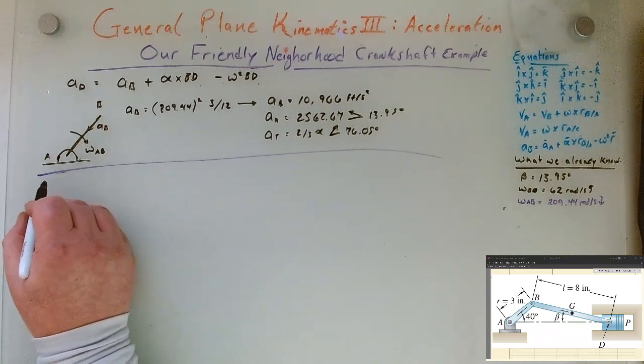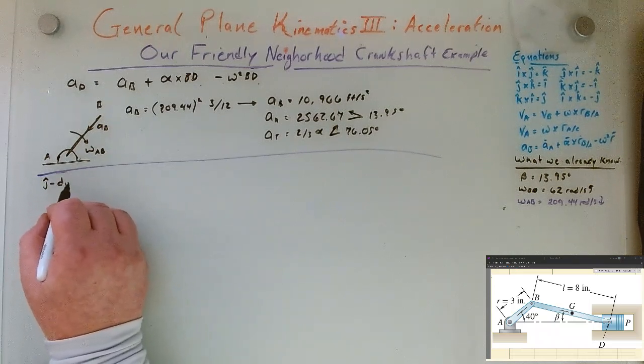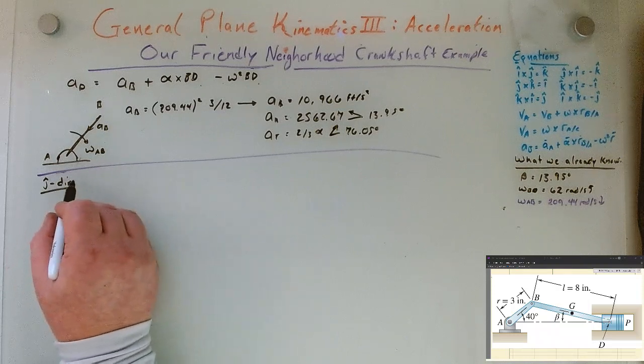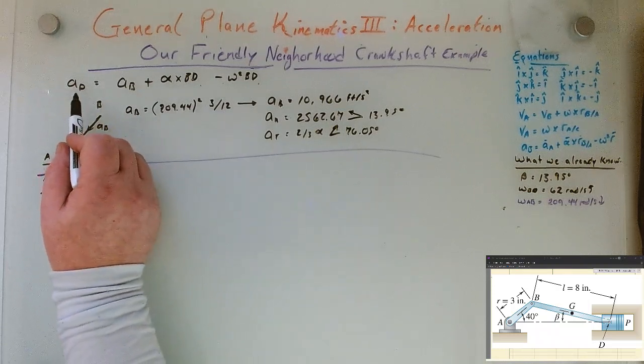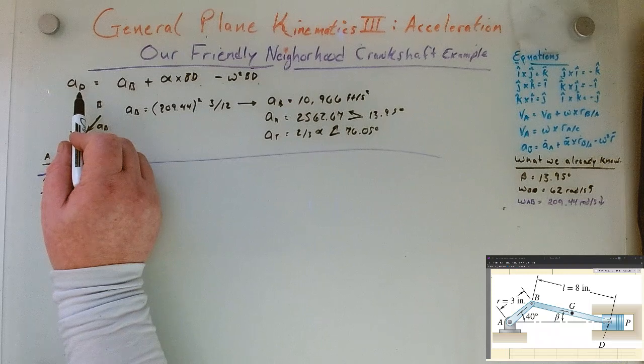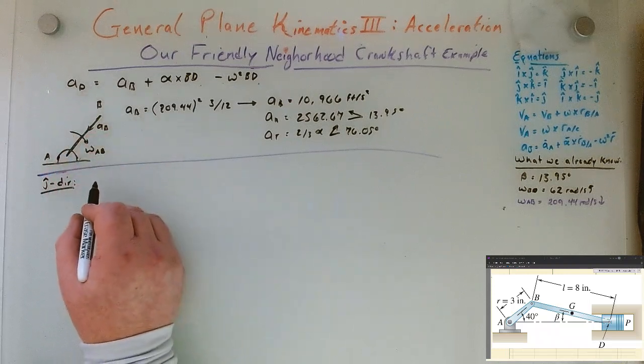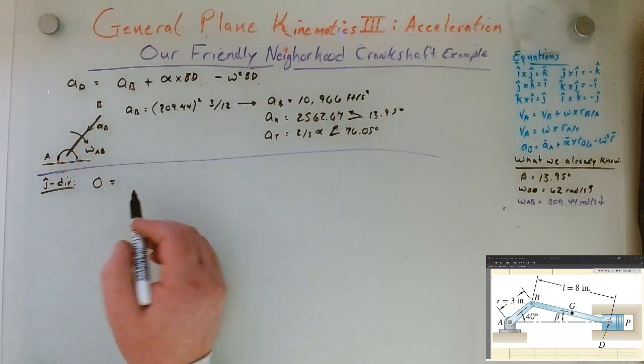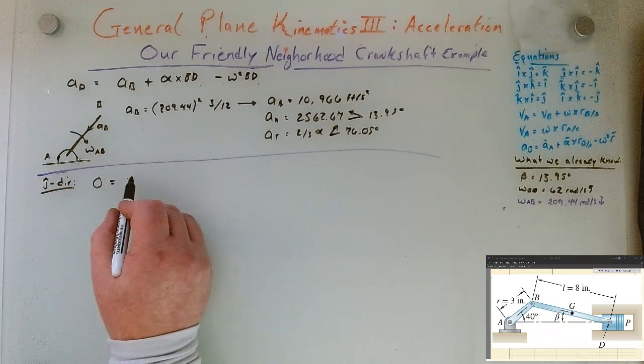So in the j direction, the acceleration of D in the j direction is 0. So 0 equals, and let's just do this symbolically first.